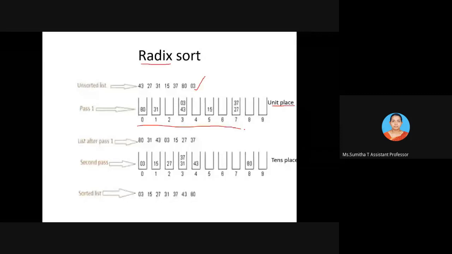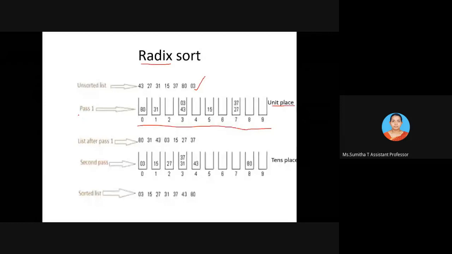Based on the unit place, we keep 10 buckets, 0 to 9. For this radix sort, we keep 10 buckets from 0 to 9, and we place the elements in the buckets in the first pass.